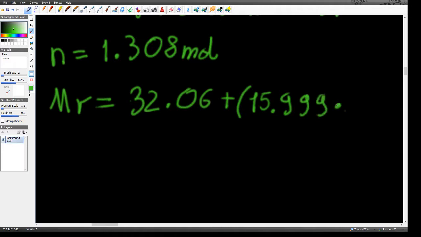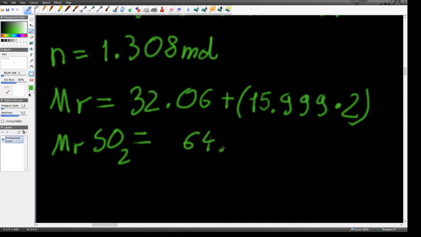And we know we've got 2 oxygens, so I'll multiply that by 2. And now we know the Mr of sulfur dioxide is equal to 64.058 grams per mole.